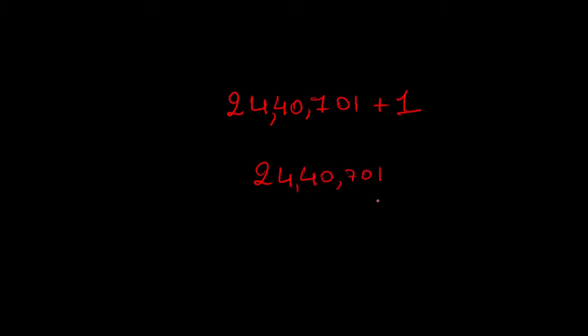So first we have 24,40,701. Now here we should find out the successor, right? So we will do plus 1 to it. So 24,40,701 plus 1 will be, now 1 plus 1 is 2. And all the numbers which are before 1 will be as this because there are no numbers right below them. So we will write them as this.